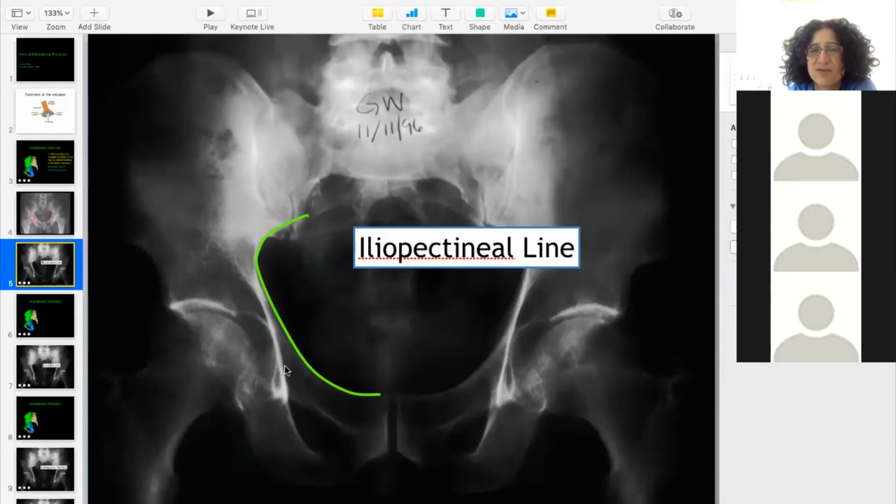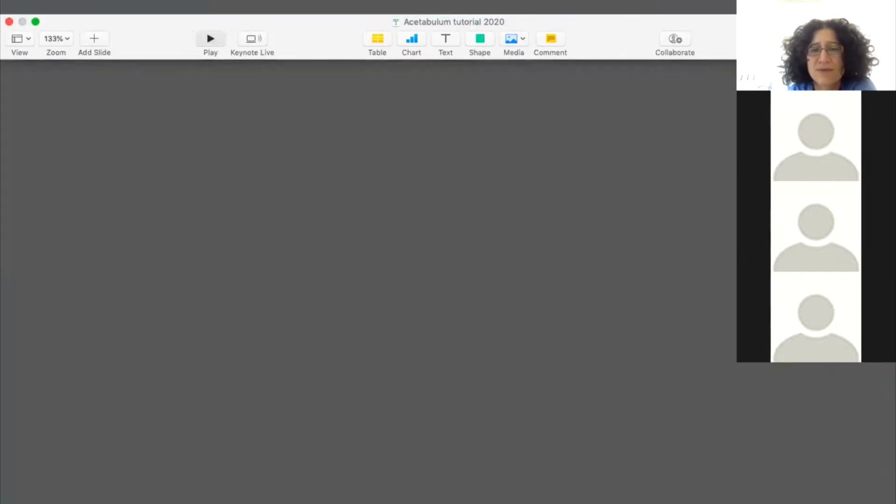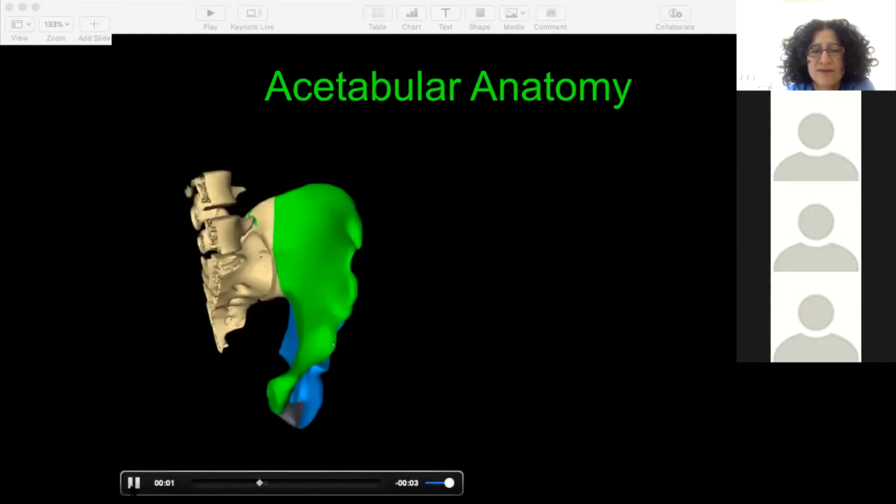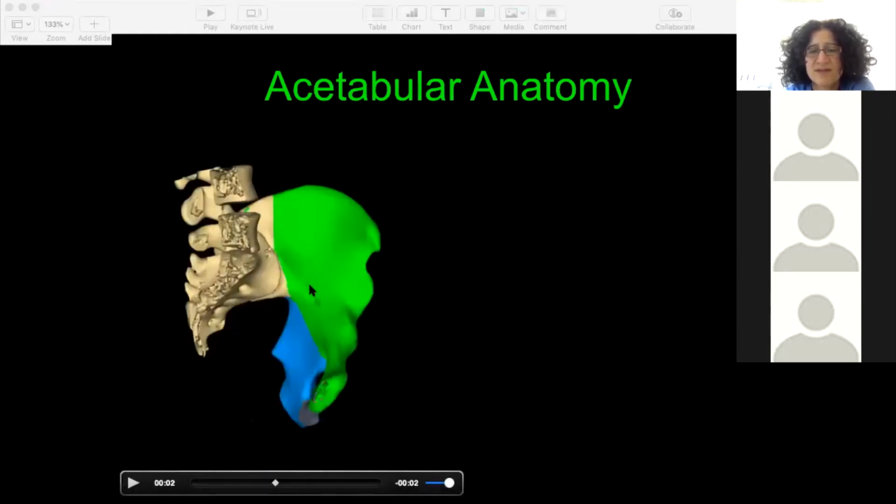These lines are the superimposition of various shadows of cortical bone. And that's why they're useful in the interpretation of the complex anatomy of the acetabulum. So that's this edge of the anterior column, seen as the iliopectineal line on a plain X-ray.